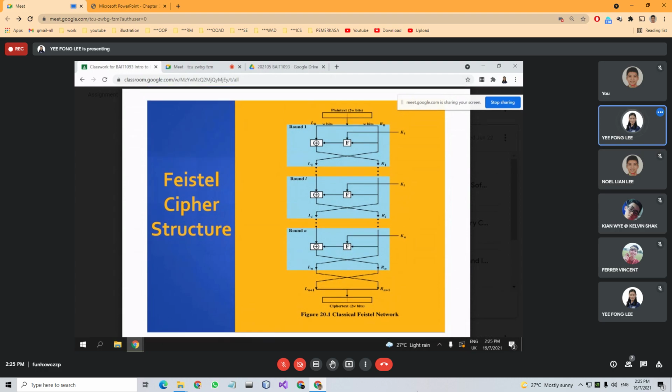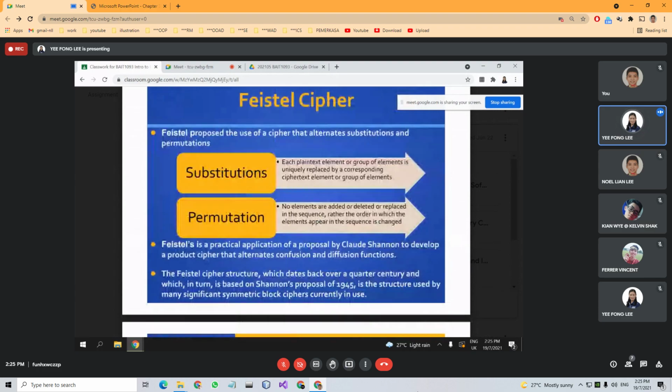Substitutions: each plain text element or group of elements is uniquely replaced. Again, replacement. Permutation here is about the sequence. The sequence of plain text elements will be replaced by a different sequence, but no element will be added or deleted in permutations.